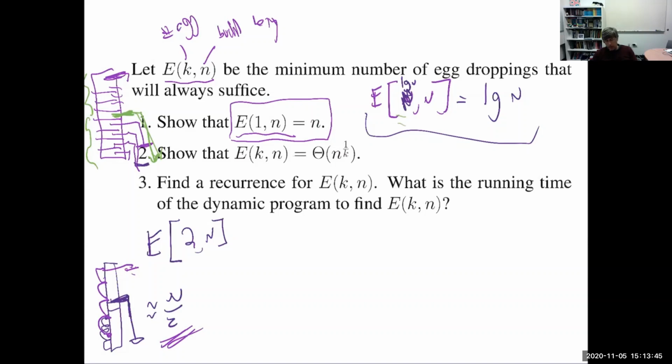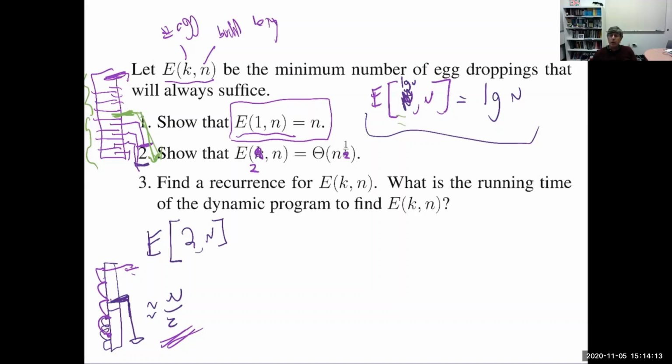I am claiming here you can do it in n to the 1/2, square root n tosses. Can anybody see how to do that? Any ideas here?